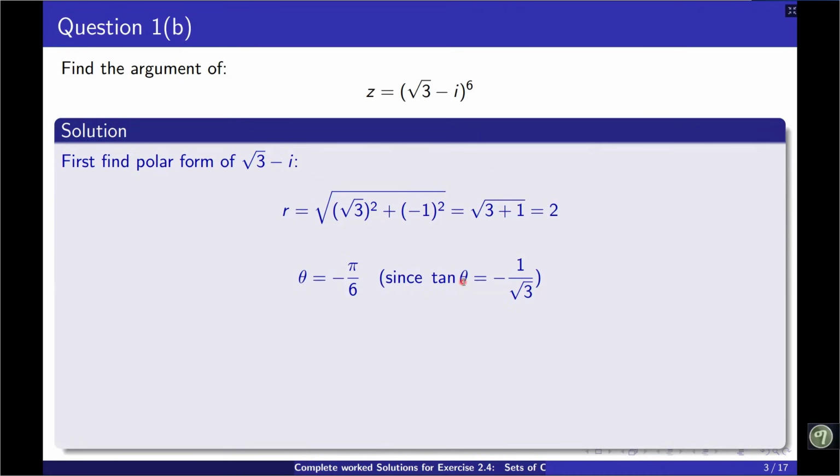That's why we take theta to be a negative angle.